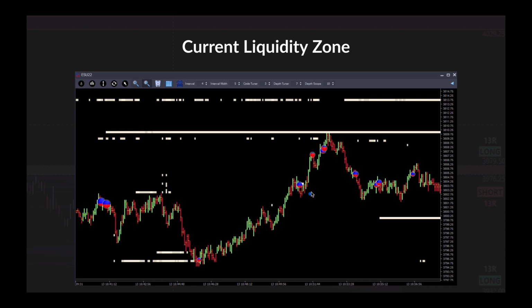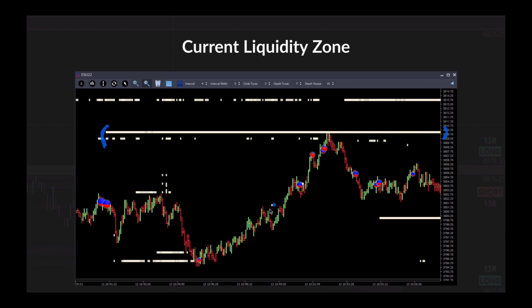So at any given moment, you can see how much market depth there is at any given level. But what Auction Vista does is it gives me depth over time, and it creates these zones. So I know right here, this is a liquidity zone, okay?